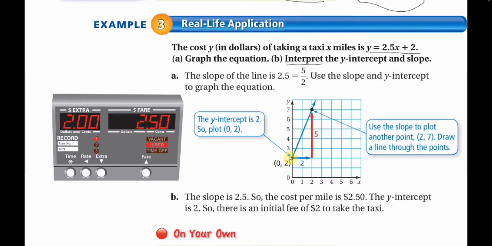Now we're going to use that slope and y-intercept to graph it. So the y-intercept, if you saw, was positive 2. That's where they started with that dot. Then they used the slope 5 over 2. So I like to go over 2, and then rise 1, 2, 3, 4, 5, and plot their next point.